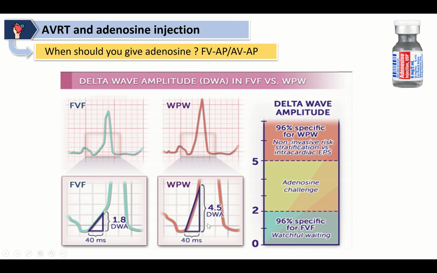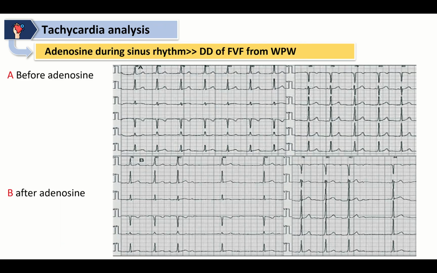All accessory pathways will present manifest pre-excitation and increase in delta wave amplitude dramatically after adenosine, except fasciculo-ventricular accessory pathway, with insignificant or no change in delta wave amplitude. Third scenario, and this is the example of fasciculo-ventricular accessory pathway, subtle pre-excitation. We give adenosine, still subtle pre-excitation. A change in amplitude is of no significance.